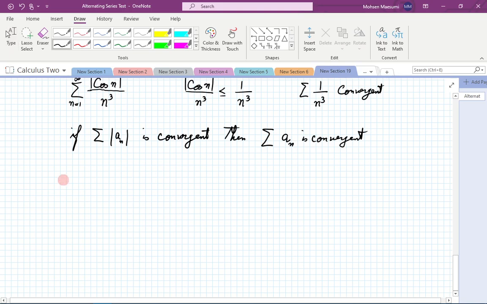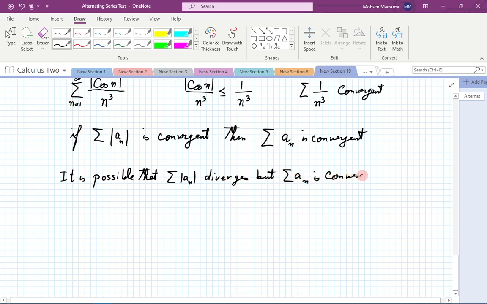It's possible, let's write down, it is possible that if such a thing happens, that the sum of the absolute values diverges, but the sum of the numbers themselves converges, we call that type of a series conditionally convergent.